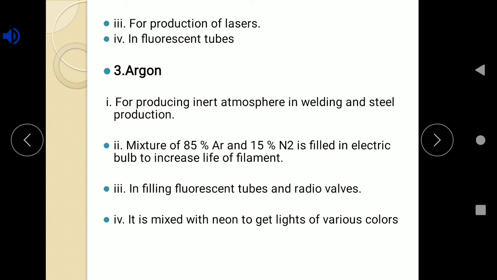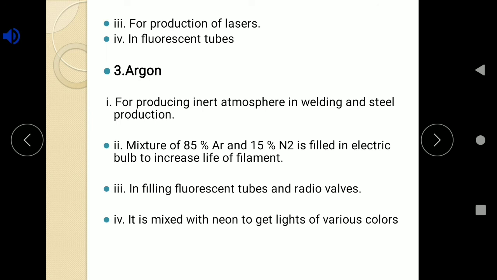Now this much syllabus is there for this year for board exams. Hence, we concluded with the seventh lesson, that is elements of group 16, 17 and 18. Now, time for assignment.